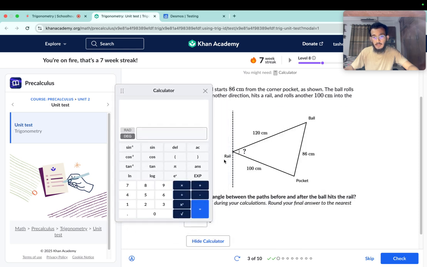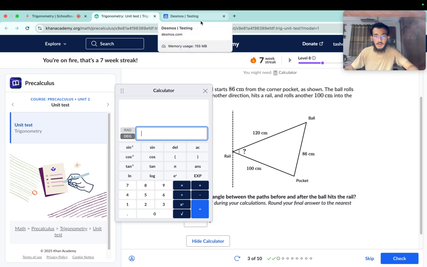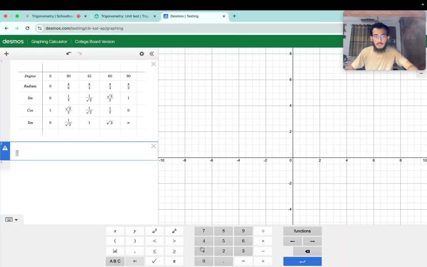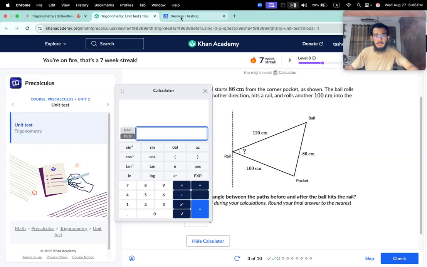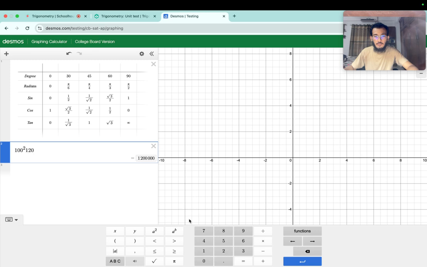If we want this angle, we can write that cos theta is equal to 100 squared plus 120 squared, minus 86 squared, all of that upon 2 times 100 times 120.